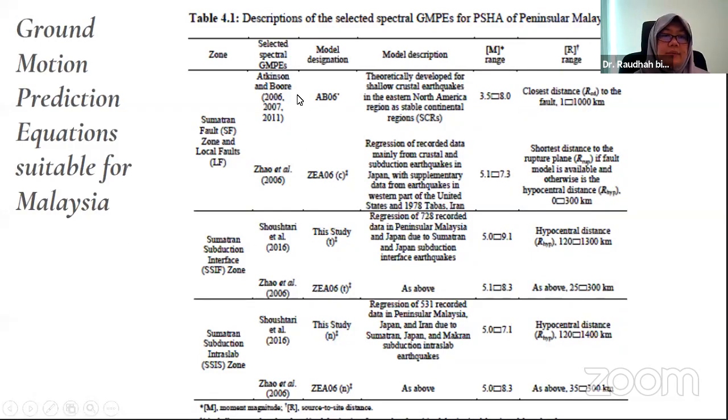We are mostly using Atkinson and Boore, Zhao et al., and Youngs. These are among the closest GMPEs to the real events that happen around Malaysia. You can see here there are 3 zones: Sumatran Fault Zone, Sumatran Subduction Interface, and Sumatran Subduction Intra-Slab Zone, and also the local faults.